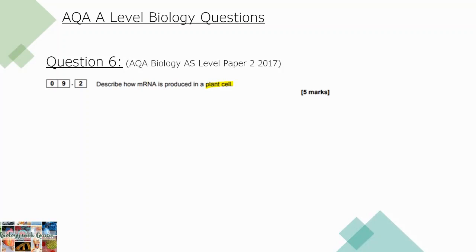So A pairs with U, T with A, C with G, and G with C. We can then also say that RNA polymerase joins the RNA nucleotides together in order to form pre-mRNA. And then we know that splicing occurs, which removes the introns in order to form mRNA. And here we have our answer.